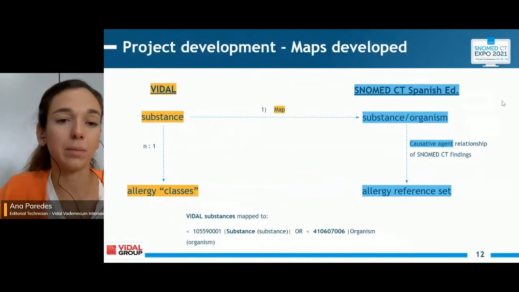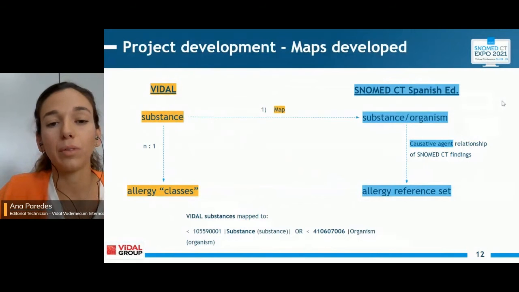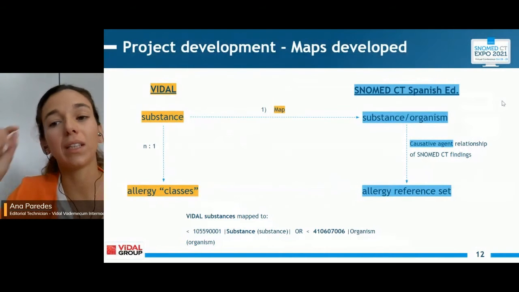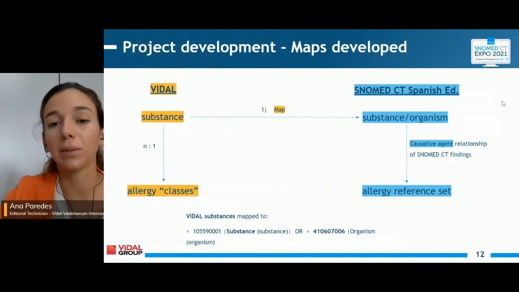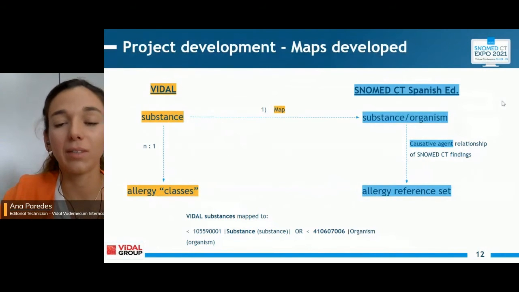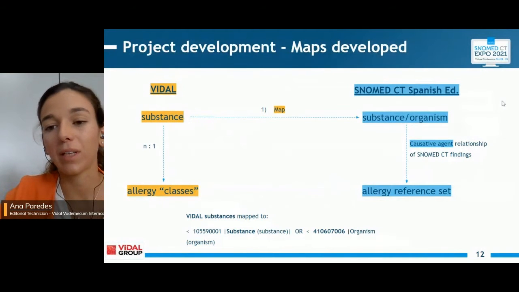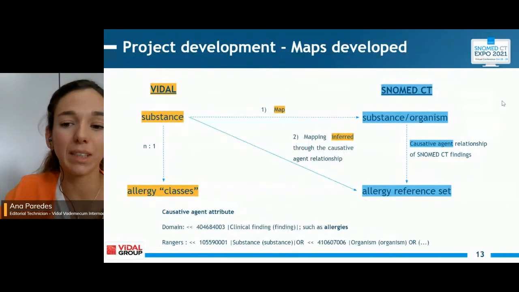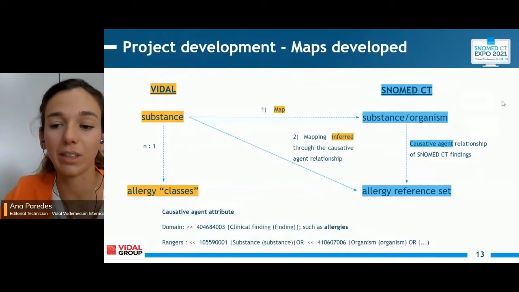So first we focused on the mapping of Vidal substances to SNOMED CT substances or organisms. The inclusion of organisms was necessary for products such as vaccines and phytotherapy and other products. And then once we had this mapping done, we would focus on the relationship between Vidal substances and SNOMED CT allergy concepts.